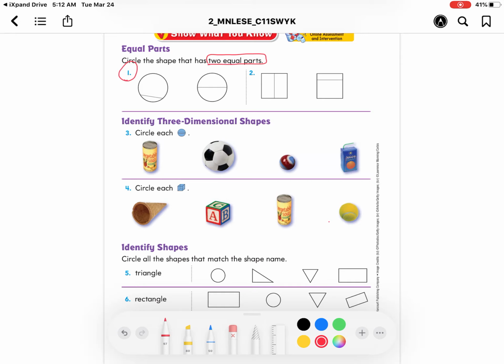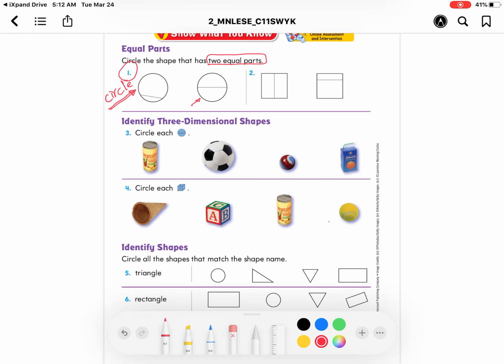Now what is the shape that is drawn here? Can someone tell me? What is the name of the shape? This is a circle. How did I know that this is a circle? And this one too? Because it is curved. Okay?